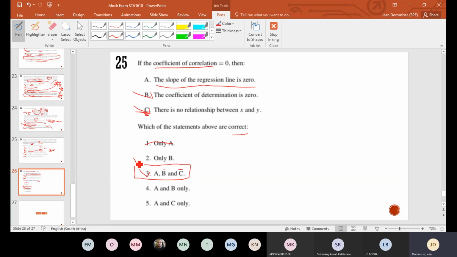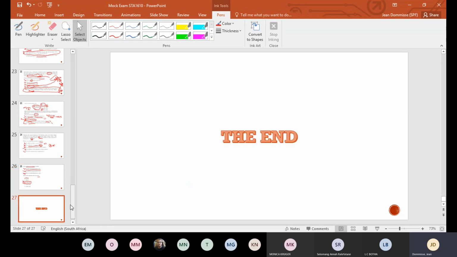But we also need to remember that because there's no correlation, because there's no relationship, the slope of a regression line is 0, because there isn't a slope that we work with. Okay, so that is then option 3, and that is it from the mock exam.